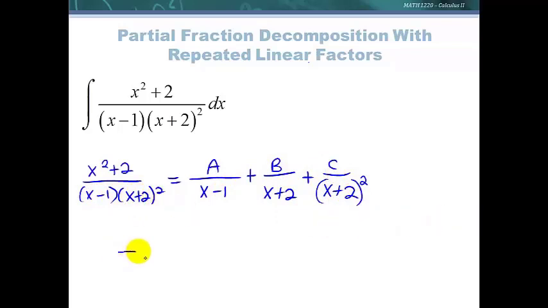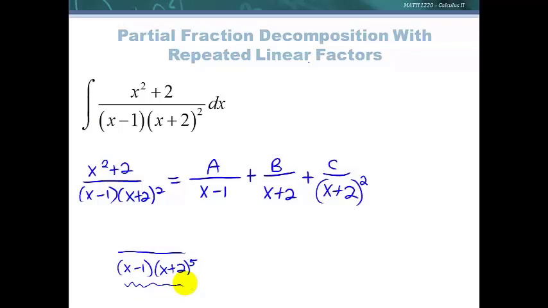So in general, if the denominator had an x minus 1 and an x plus 2 to the fifth, when you are looking at the partial fraction possibilities, you'd have to have one that had an x minus 1, one that has an x plus 2 to the fifth, another one that had an x plus 2 to the fourth, another one that had an x plus 2 to the third, another one that had an x plus 2 squared, and then a last one that had x plus 2, because when you get the common denominator of all of these, it would look like this.